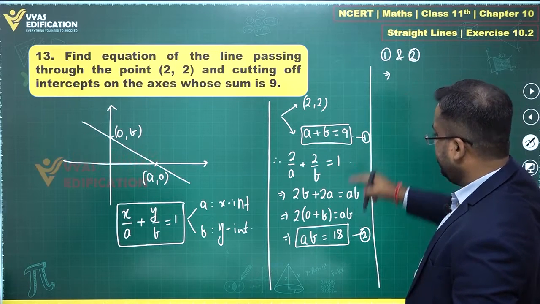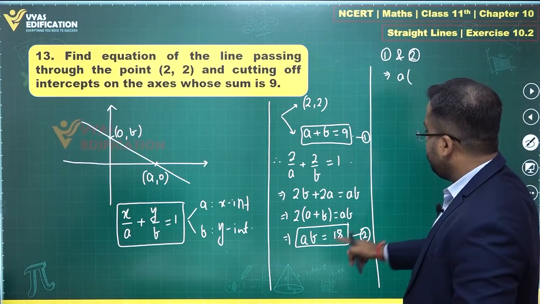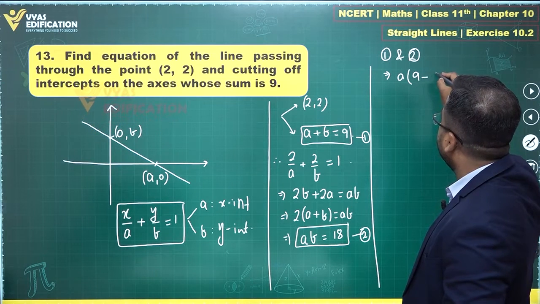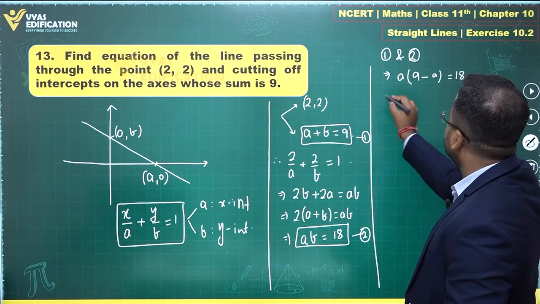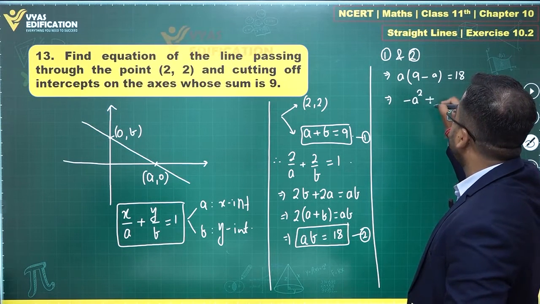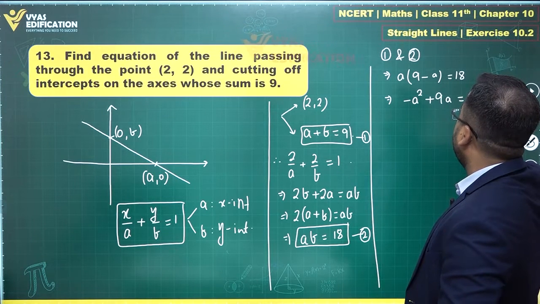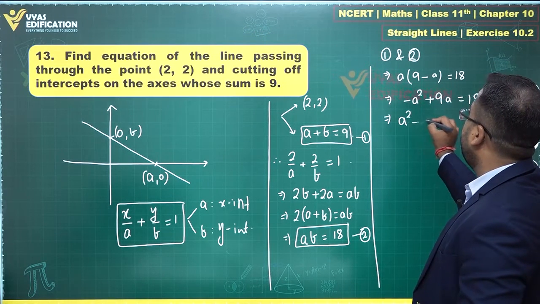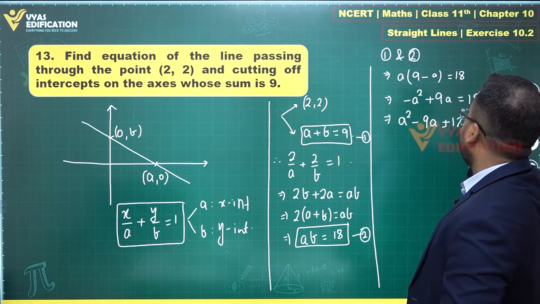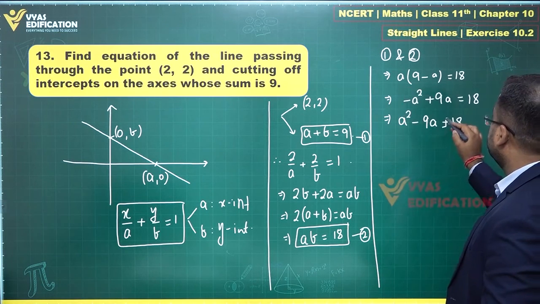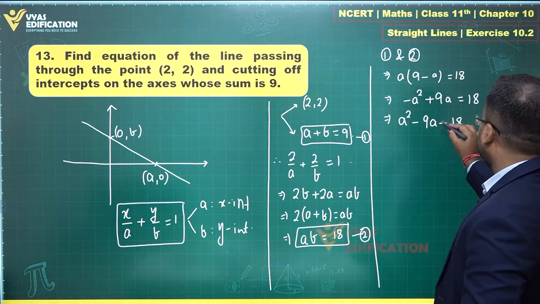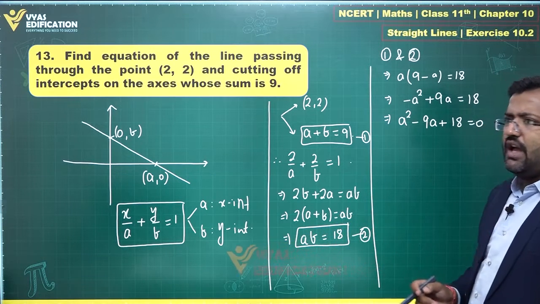Do you observe that a times b can be written as a times (9 minus a) is equal to 18, which tells me minus a square plus 9a is equal to 18, or a square minus 9a plus 18 is equal to 0. This is what you have, right?